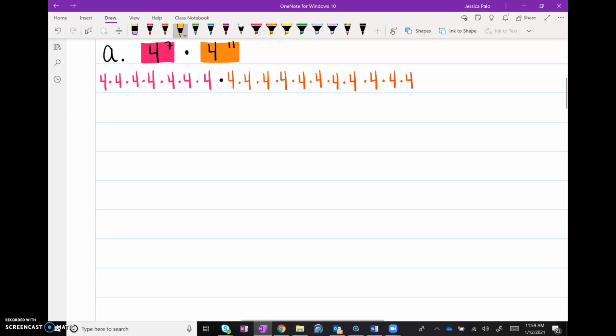So to figure out the solution in exponential form, all you have to do is count all these 4s. How many 4s are there? There are 18 4s. So if there are 18 4s, what would that look like in exponential form?